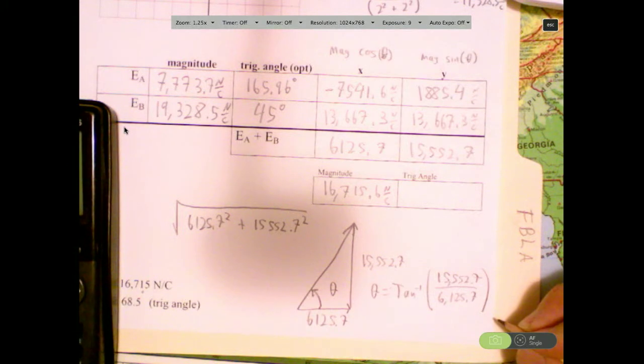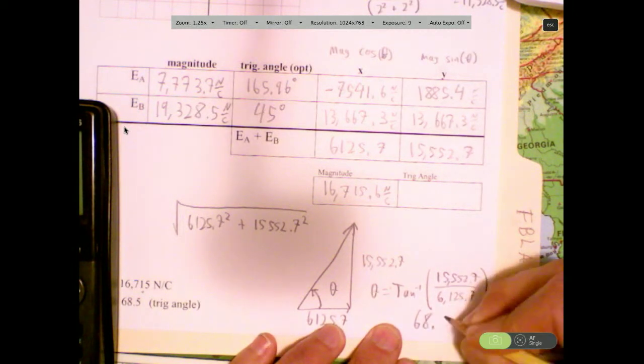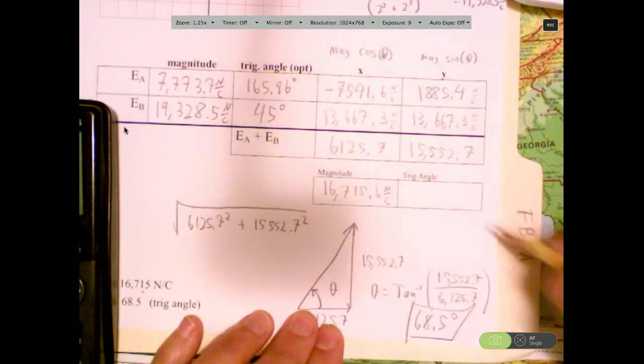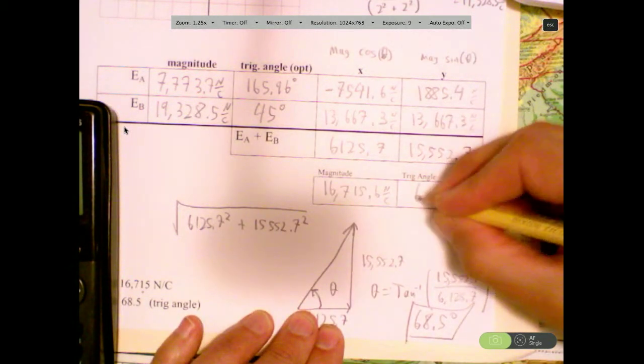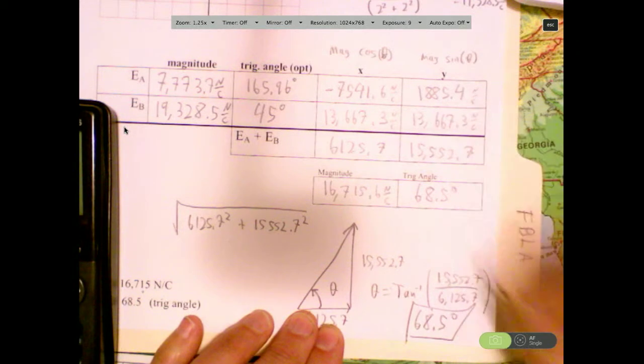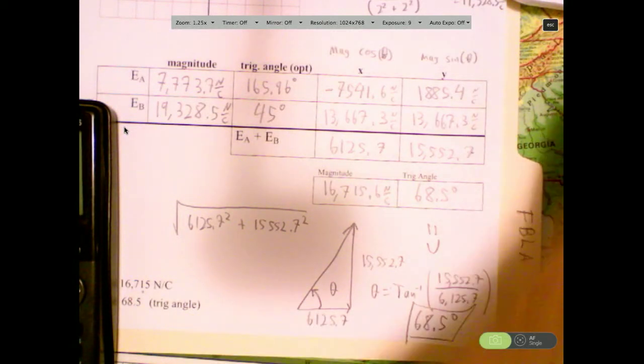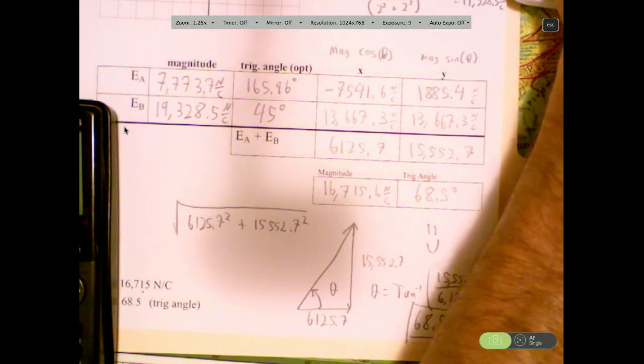Okay, so inverse tan gives 68.5 degrees, which would be that angle there, and then the magnitude would be that. Look at that. Was it worth it? I don't know. But you can do it now. Let me turn off this recording before it gets any longer.